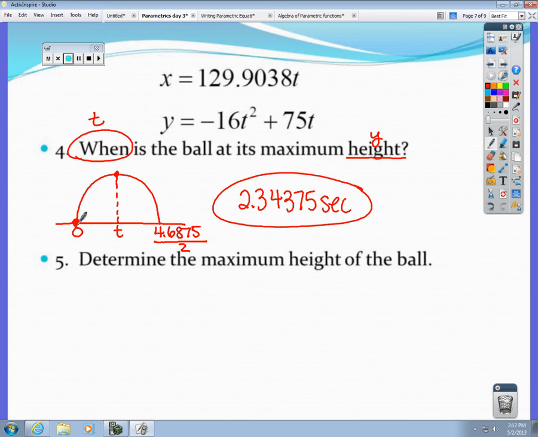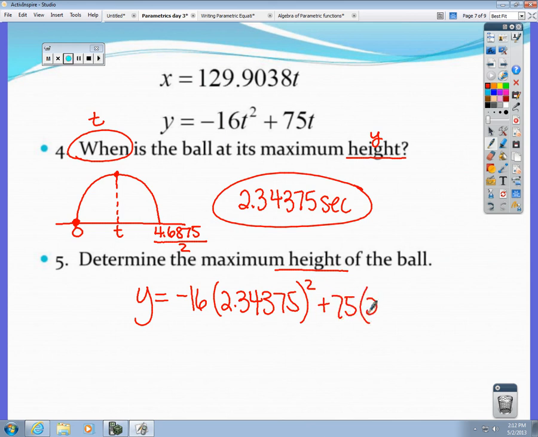Okay, now number 5 says to determine the maximum height. So I'm looking for my y, and we just said that the maximum height occurs when t is 2.34375. So I'm going to substitute that number in. And then we're just going to use our calculator to work out and see what our answer comes out to.